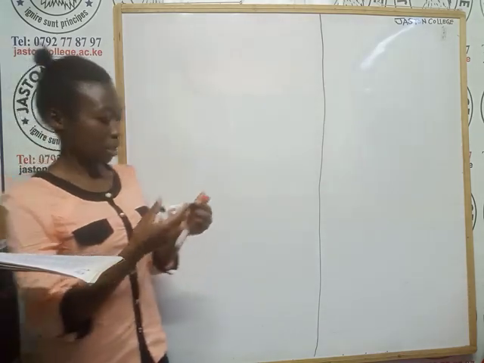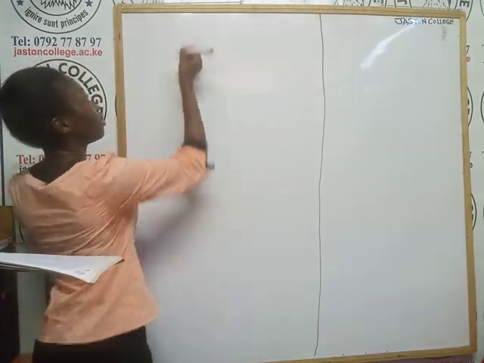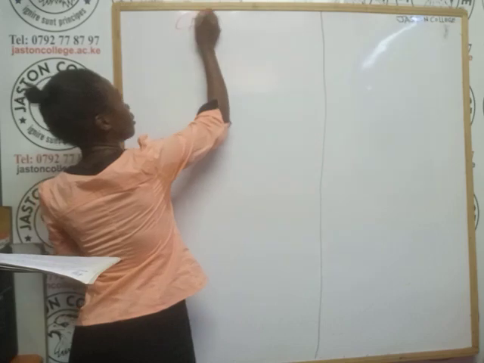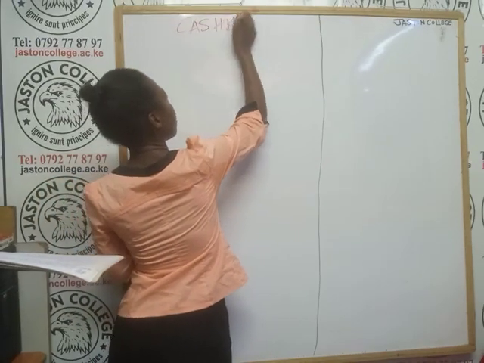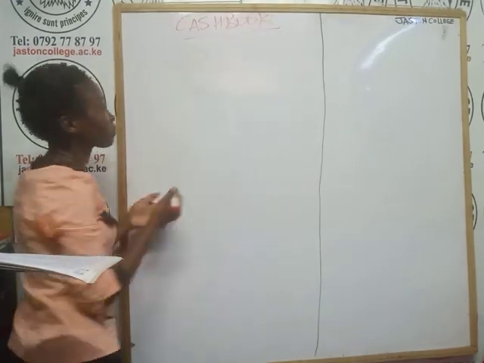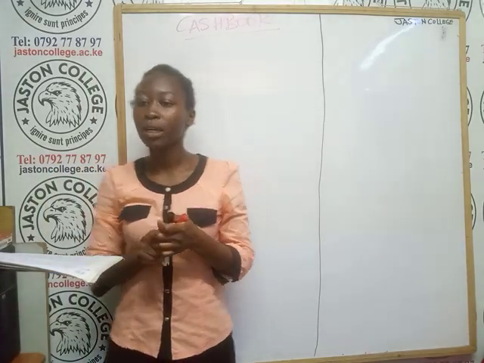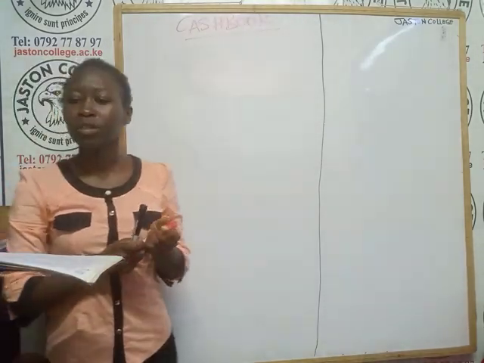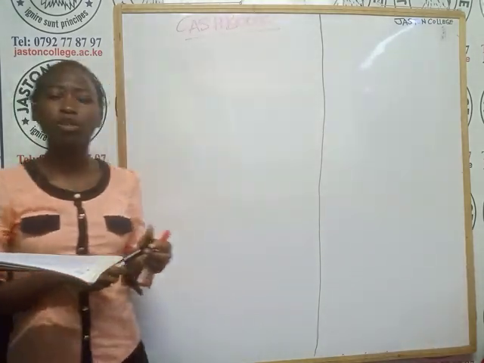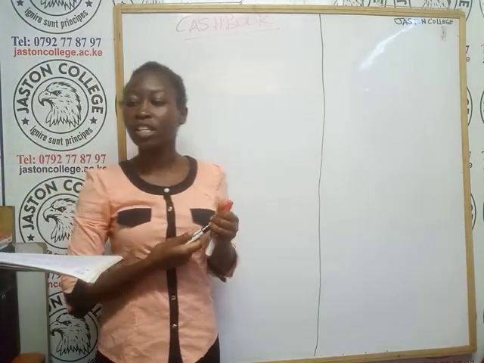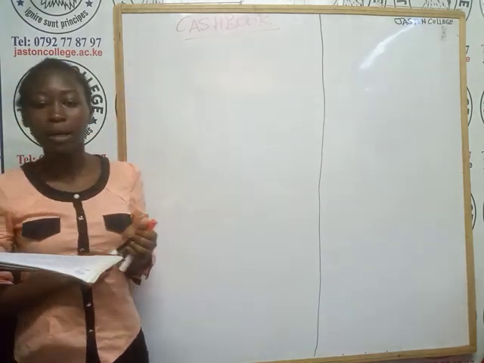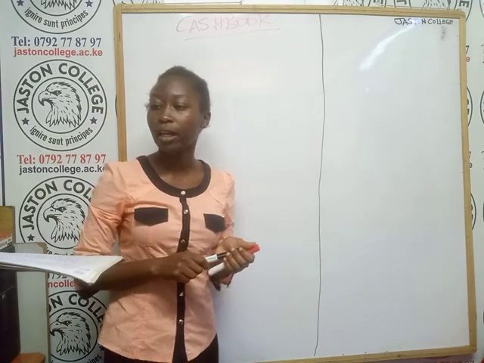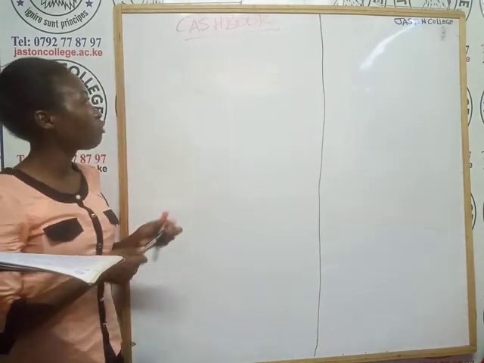So, cash book. A cash book is a very important book that is used to record cash received and payments made both through the bank and the ordinary cash, maybe in the office.